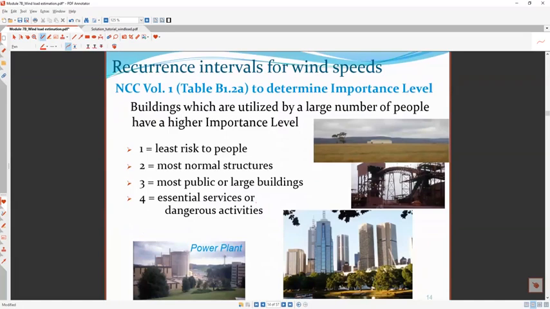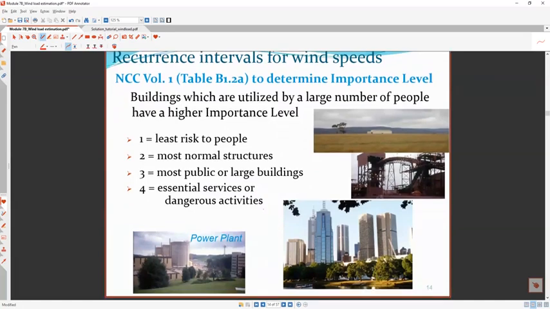For example, this one. Now, this is the earlier NCC 2019, but I don't think there's any change. Check that one, but this is very standardized. Buildings which are utilized by a large number of people have a higher importance level. Understood? 1, least risk to people. 2, most normal structures. 3, most public ones.